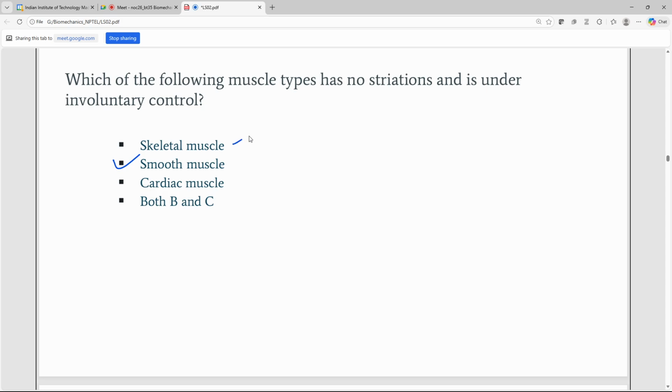Both skeletal muscle and cardiac muscle have striations. So the muscle which has no striation and is under involuntary control is smooth muscle.